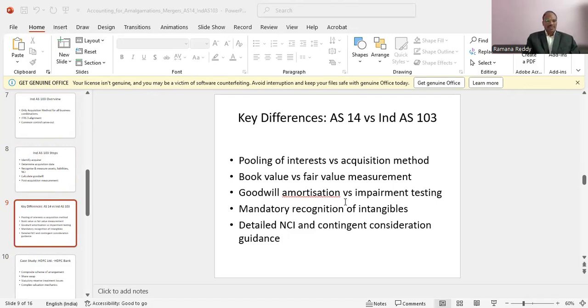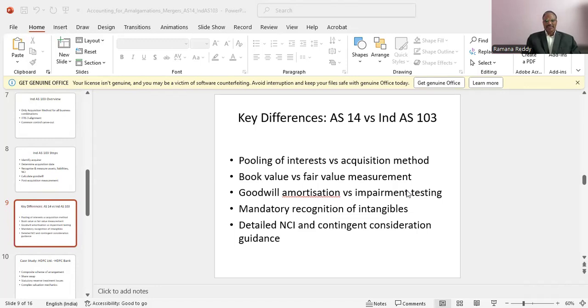Now we'll see the major conceptual shift, AS 14 versus Ind AS 103. No more pooling of interest for unrelated parties. Fair value measurement for everything, including intangibles like brands, patents, customer relationships.